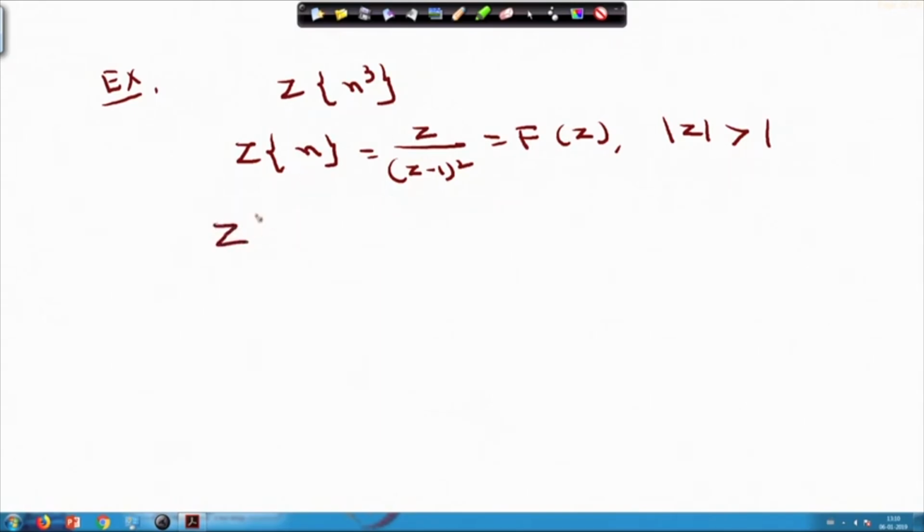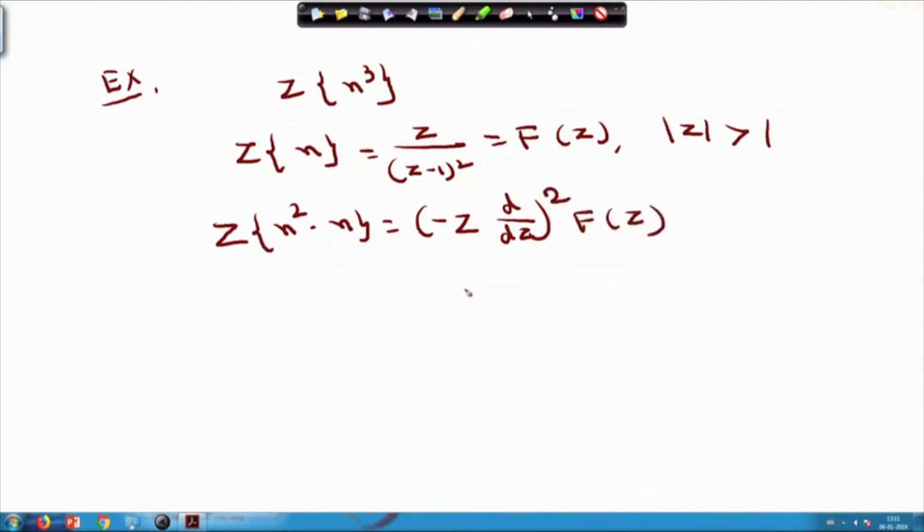Now, using the property, the Z transform of n square into n equals minus z d dz whole square of capital F z. This again we have done earlier. Using the property, I can write this equals z square d square F z by dz square plus z dF z by dz.